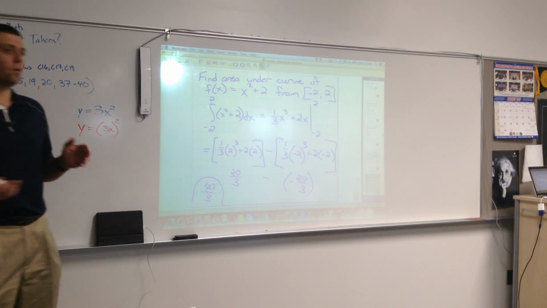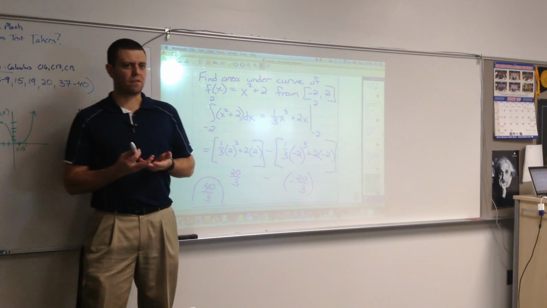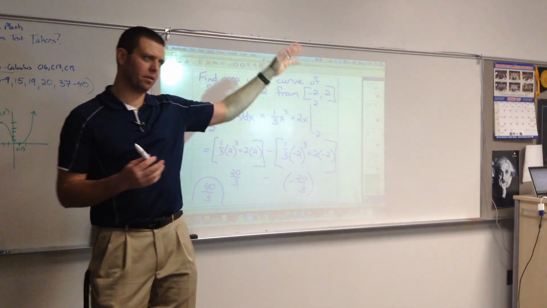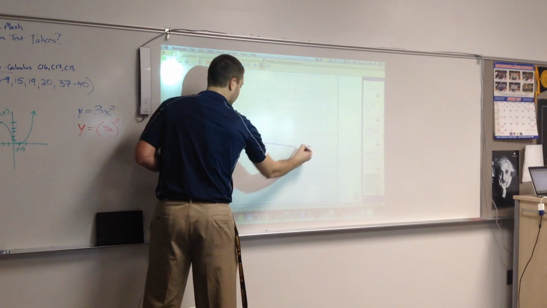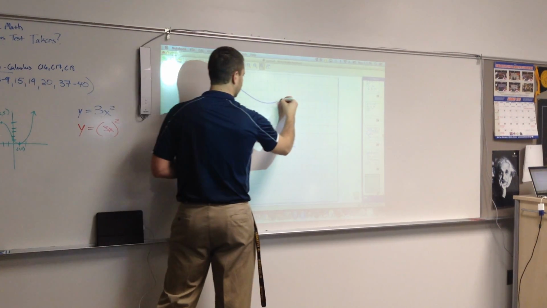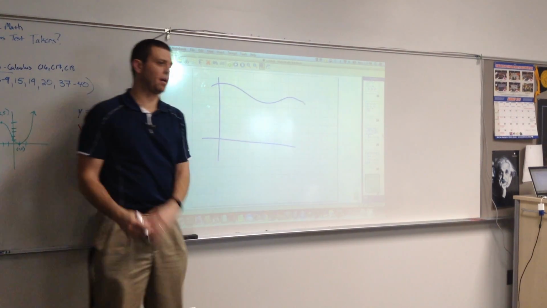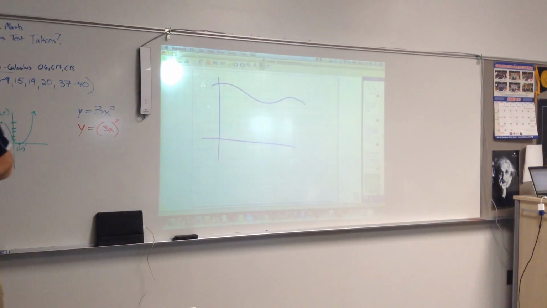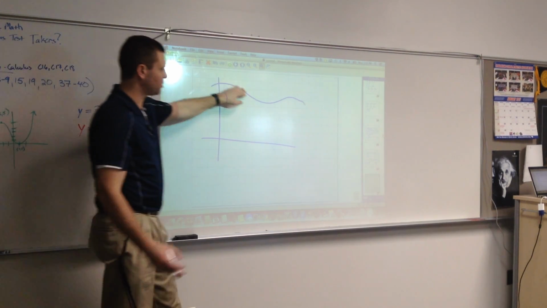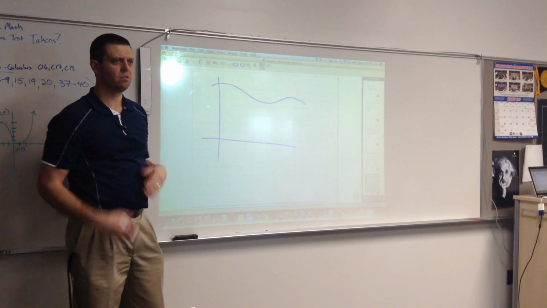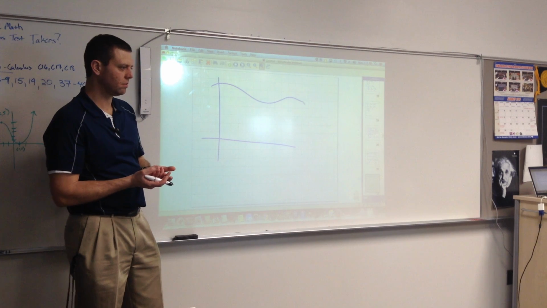So if you know the velocity, I'm going to apply this back to physics a little bit. If you know the velocity of something over a period of time, okay? So if you could create some function that represents the velocity of an object over a period of time, and you want to know how far that object traveled, whatever this function is, you'll just do the antiderivative of that function.